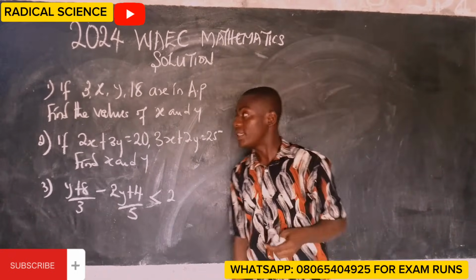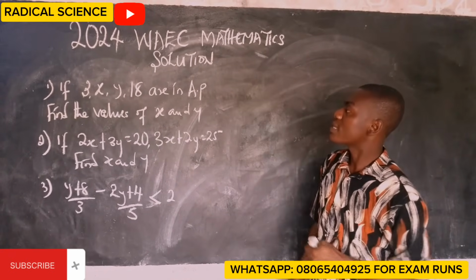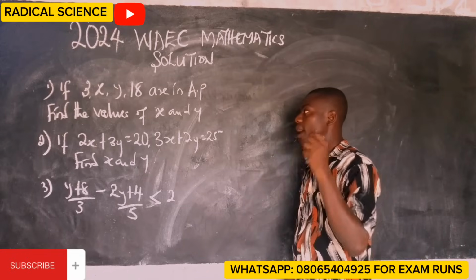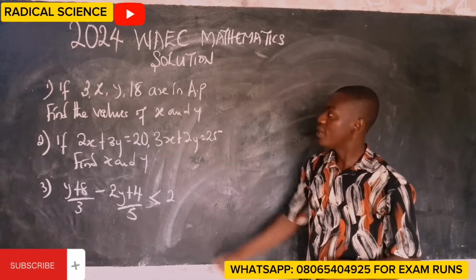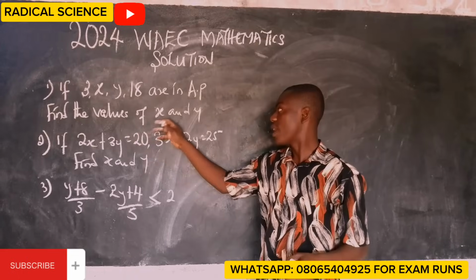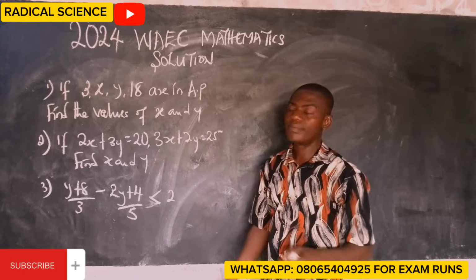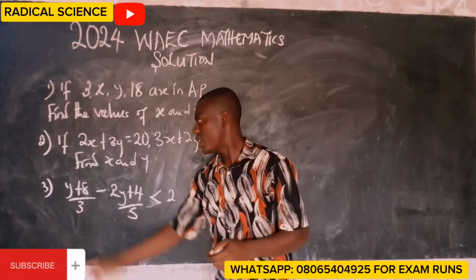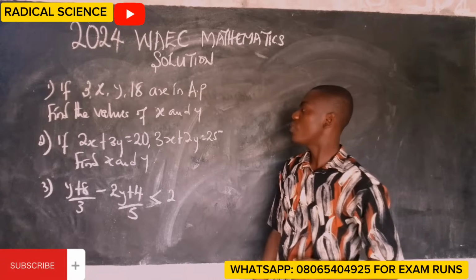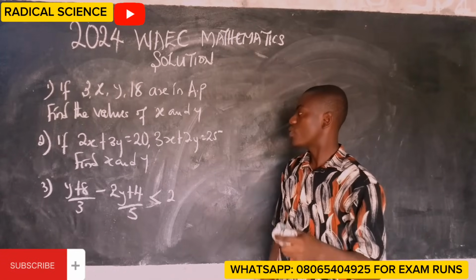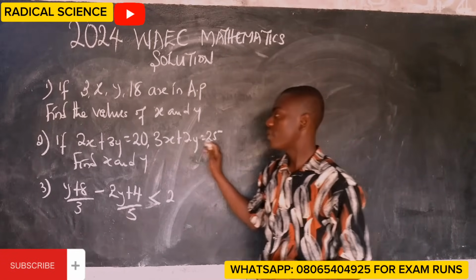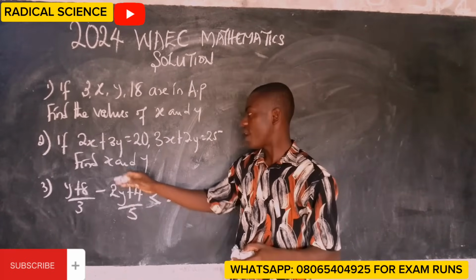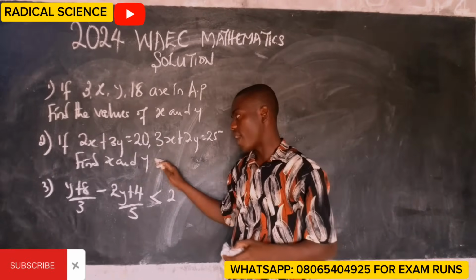Well, number 1 is: if 3, x, y, 18 are in AP, find the values of x and y. Number 2 is: if 2x plus 3y equals 20 and 3x plus 2y equals 25, you are expected to find the value of x and the value of y.